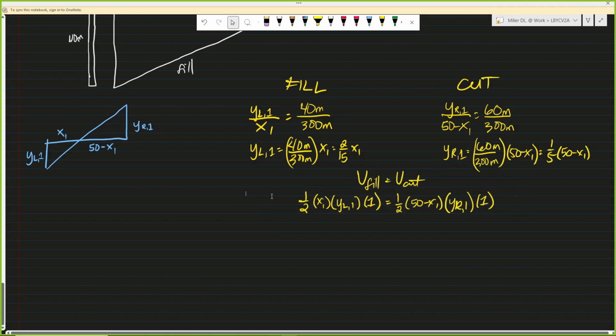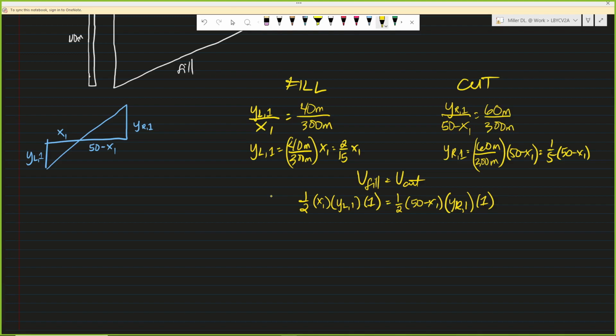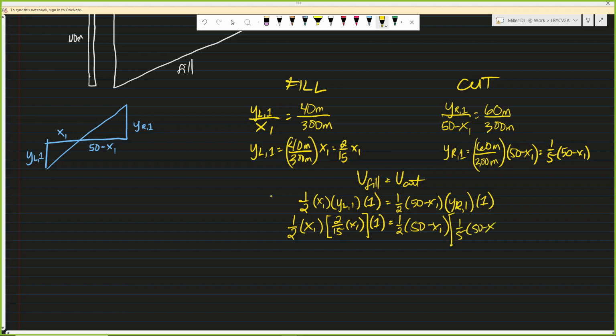Now, yung y component, palitan natin siya in terms of x para mas mabilis i-simplify, so we have 1/2 x sub 1 times y sub L 1, it is equal to 2 over 15 x sub 1 times 1 unit is equal to 1/2 50 minus x sub 1 multiplied by 1/5 50 minus x sub 1 times 1 unit width. Okay?